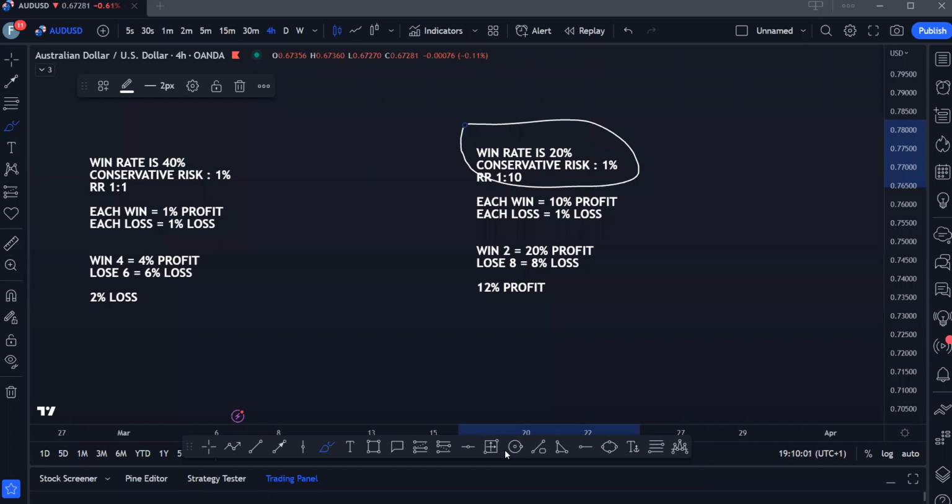Maybe start using Fibonacci, or some expansion tools, or you can get into smart money concepts, trading institutionally like the banks, trading market structure.